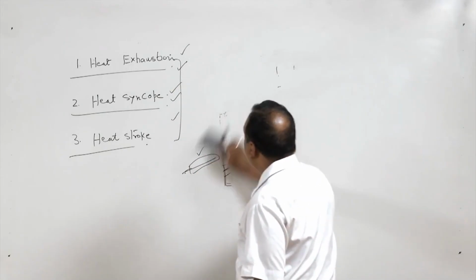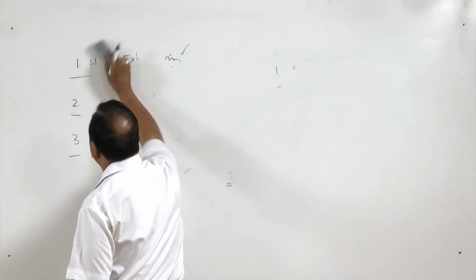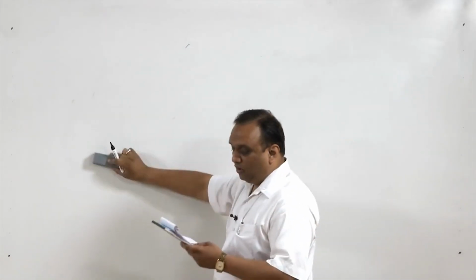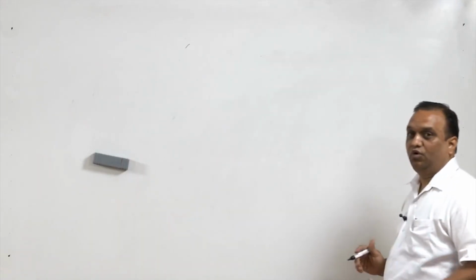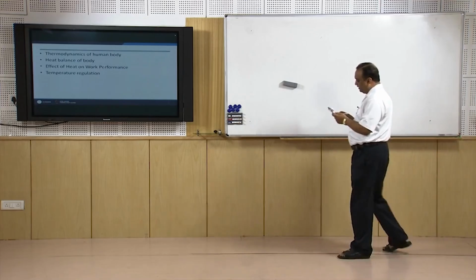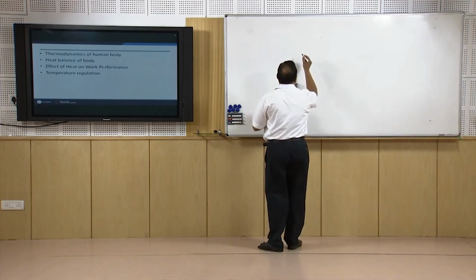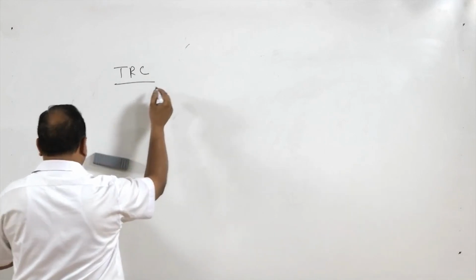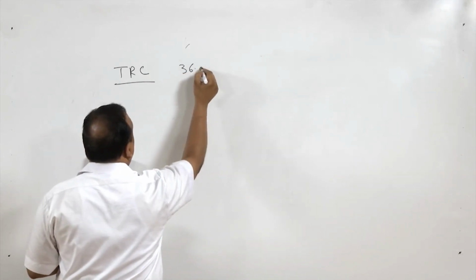Now, the body has its own temperature controlling mechanism. These are the extreme cases. Otherwise, the body has its own temperature control mechanism. The temperature regulatory center, TRC, in the body is at 36.8 degrees centigrade.